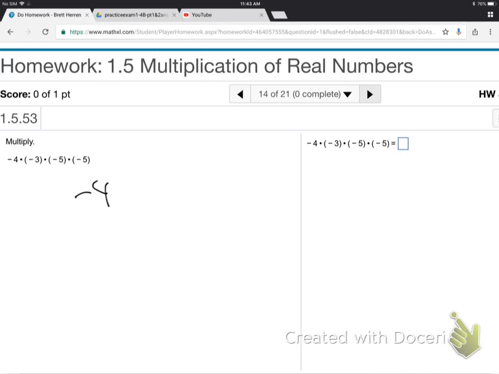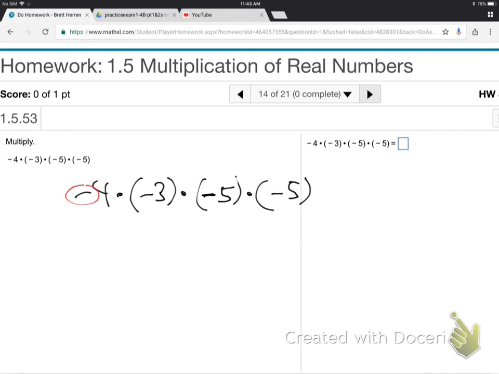Okay, so we have -4 times -3 times -5 times -5. So how do we multiply together a whole bunch of things and determine the sign? Is the sign on this one going to be positive or negative in the end? Let's figure that out first. Positive. Good, because every 2 minuses make plus, don't they?